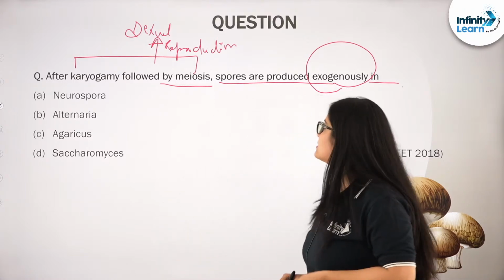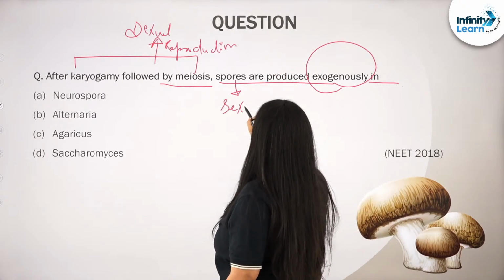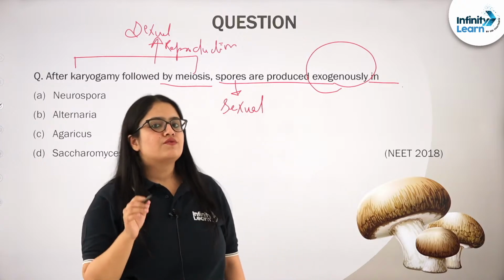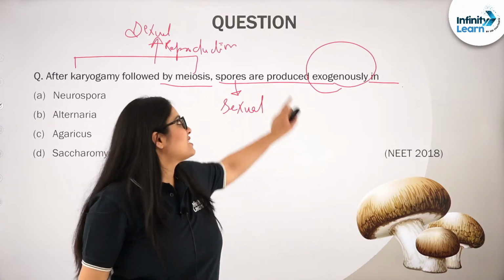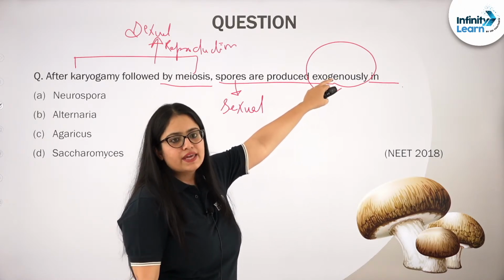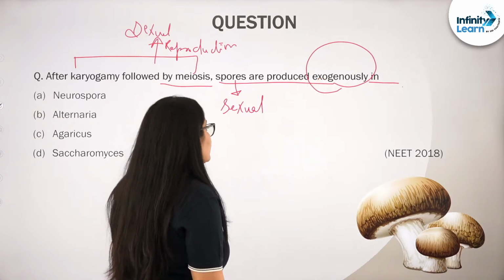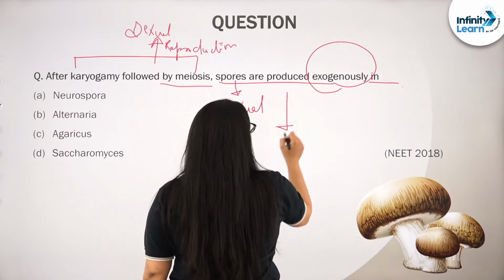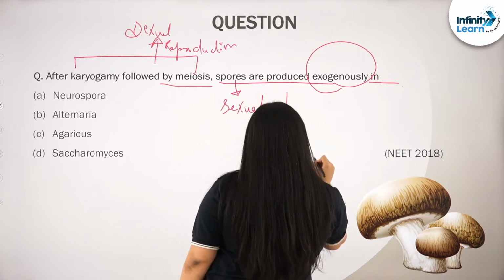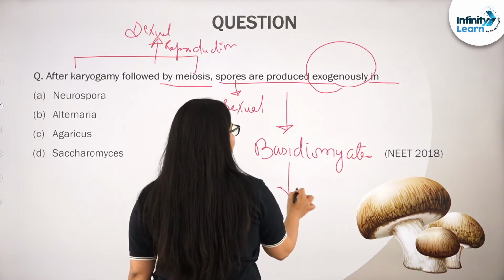And here it is asking that the spores, which spores? The sexual spores in which of the following members are produced exogenously? Any guesses, my kids? Very simple. This actually is seen in members of Basidiomycetes. What happens in Basidiomycetes, students?